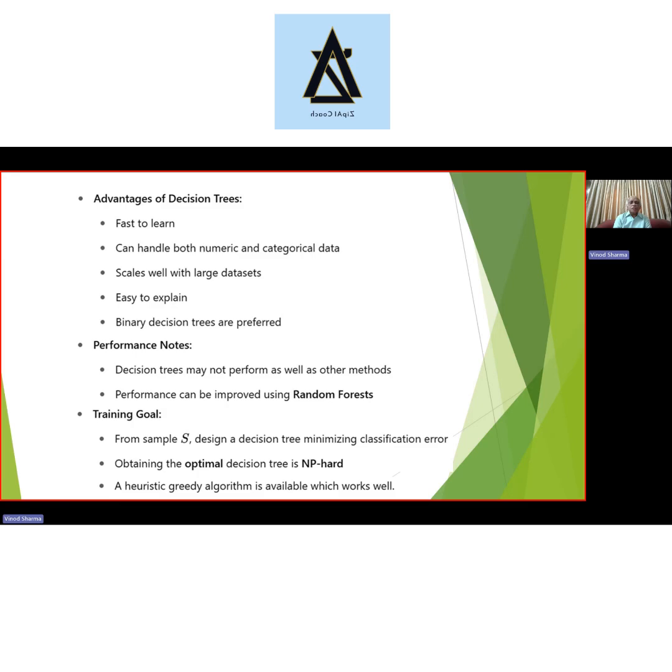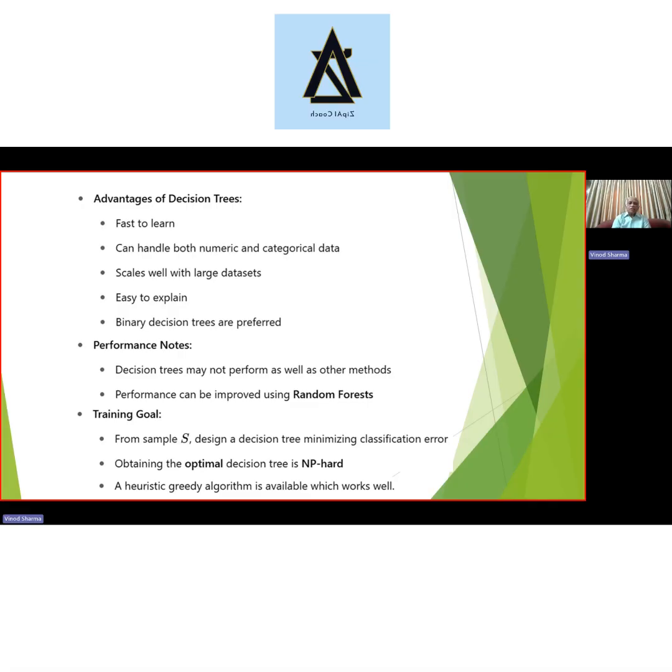The decision tree that we want to make should be such that the classification error provided by it is minimized. However, given the sample S, obtaining the optimal decision tree is an NP-hard problem, which means that for large sample size and large dimensions, it will be practically impossible to get the optimal decision tree.